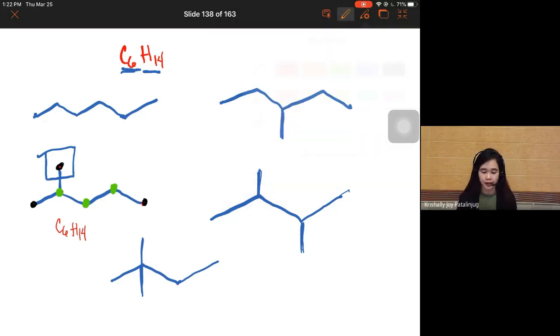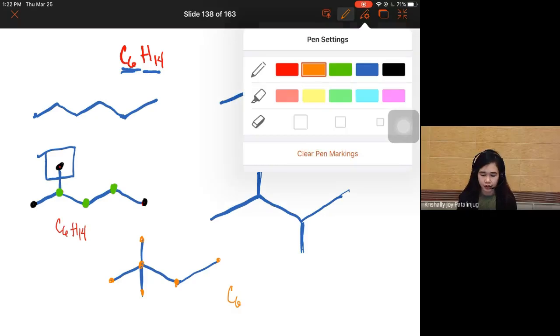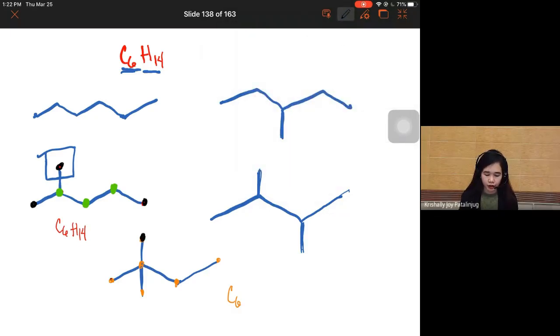The carbons highlighted with orange: how many? 1, 2, 3, 4, 5, 6, so C6. How many hydrogens? Per terminal carbon, again, 3 imaginary hydrogens, so that is already 3, 6, 9, 12.